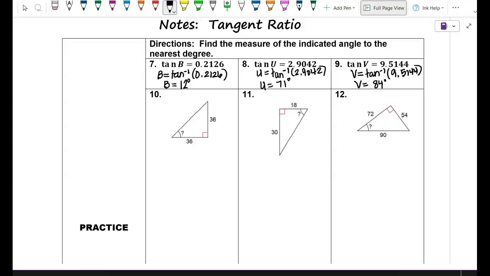If they give me a diagram, then I have to find the ratio and use that. But you're going to see, I'm going to let the calculator do all the work at the end. I'm not going to take the ratio, turn it to a decimal, then do the inverse. I'm going to show you how we're going to let the calculator do all the work for us. And the reason for that is the less we round, the more accurate the answer is.